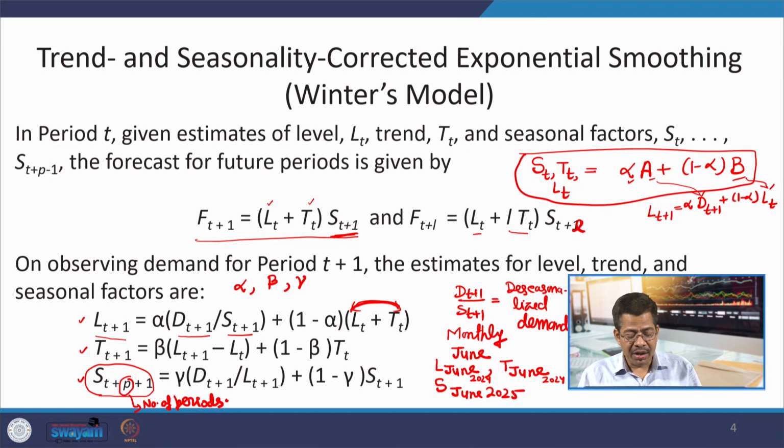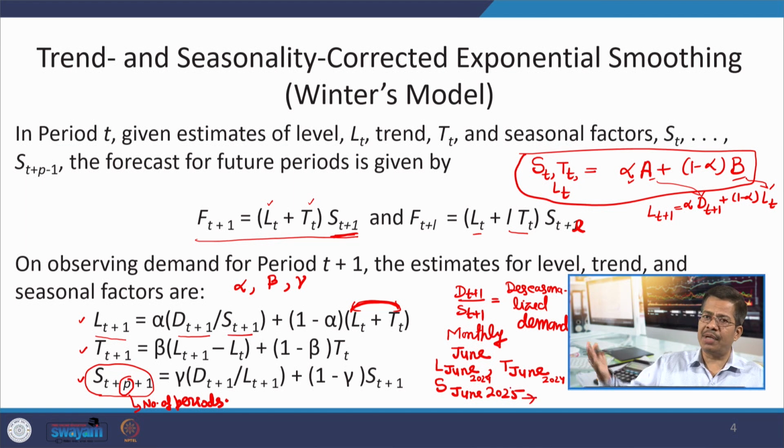At that time, when I am in May 2025 and want to forecast for June 2025, this updated seasonal index will be used. So, we are doing these calculations for a future period, not for the immediate period.